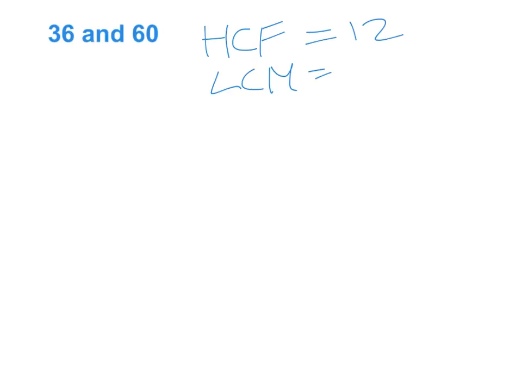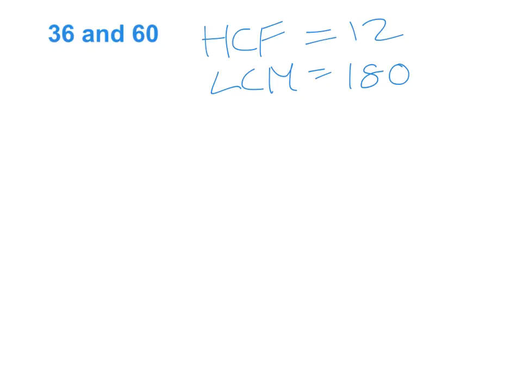So the first one is 60 itself, and 36 does not divide into that. The second one is 120, and again 36 does not divide into that. The third one is 180, and 36 does divide into that. So the lowest common multiple would be 180.